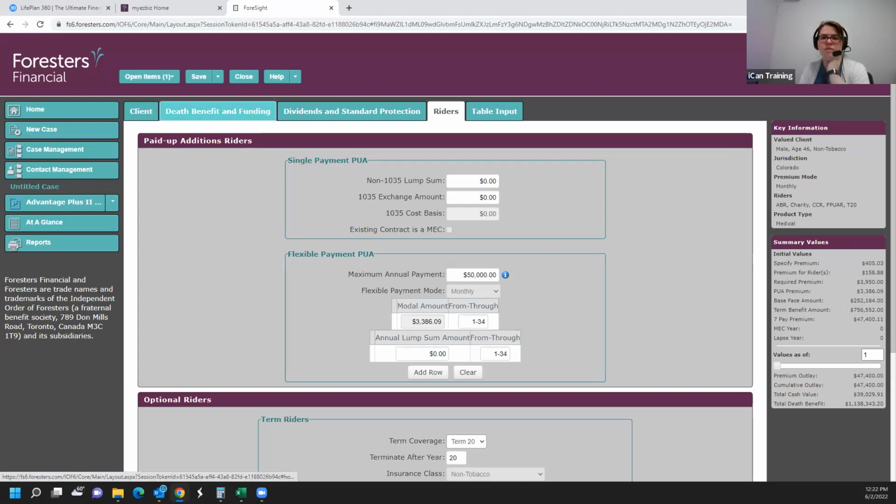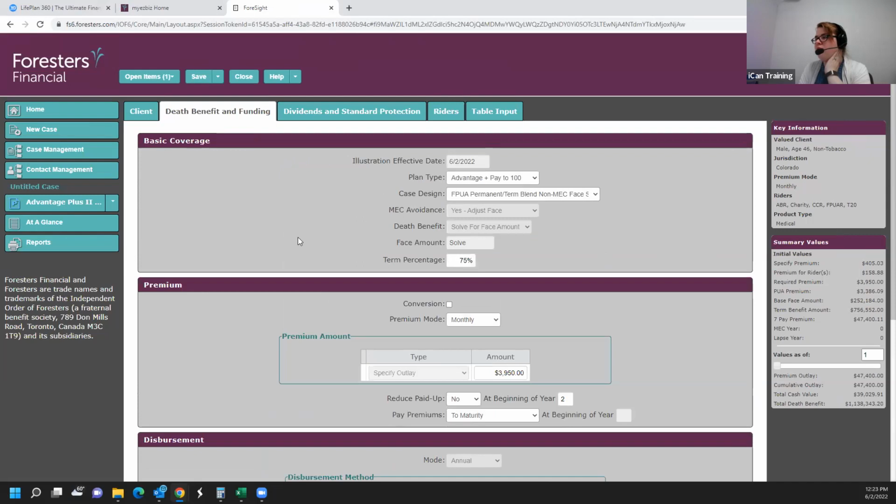Sorry, bear with me a second. We're putting in a monthly premium of basically $4,000. That annualized is $47,400, which is like $100 more than we had originally said in our spreadsheet.